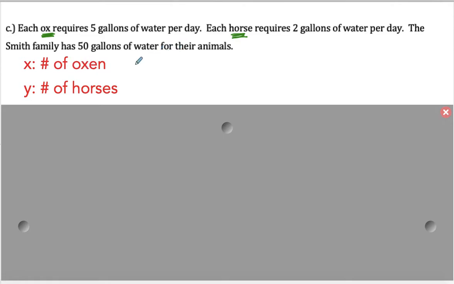And so when we're in this situation, standard form is going to be the easiest format to start with. And so oxen require 5 per day. So 5 gallons times the number of oxen I have plus 2 gallons times the number of horses I have is going to equal 50, because that's the amount of water I have for those animals.